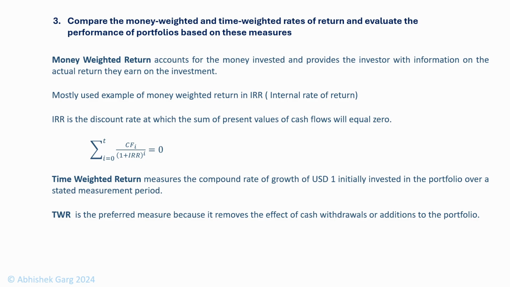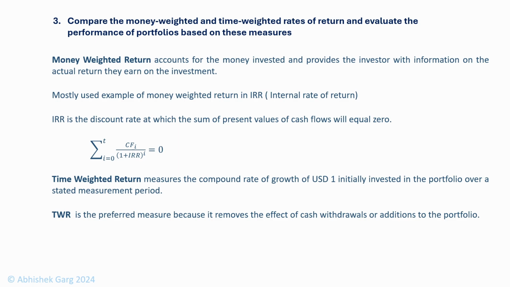Internal rate of return is the discount rate at which the sum of present values of cash flows will equal 0. So the internal rate of return equates the present value of the cash outflow to the present value of all the cash inflows that you receive from the investment. So that is your internal rate of return.